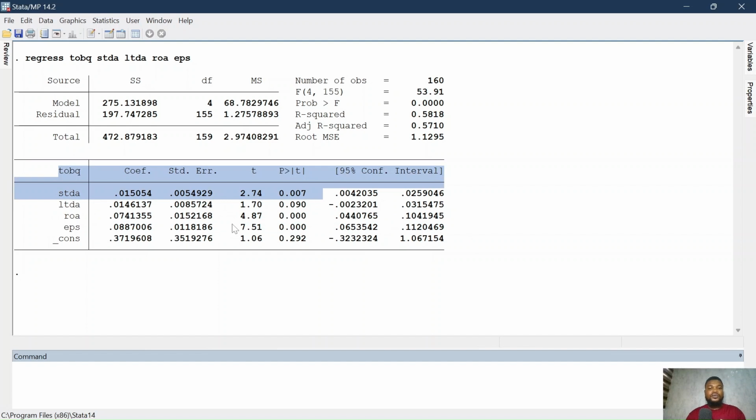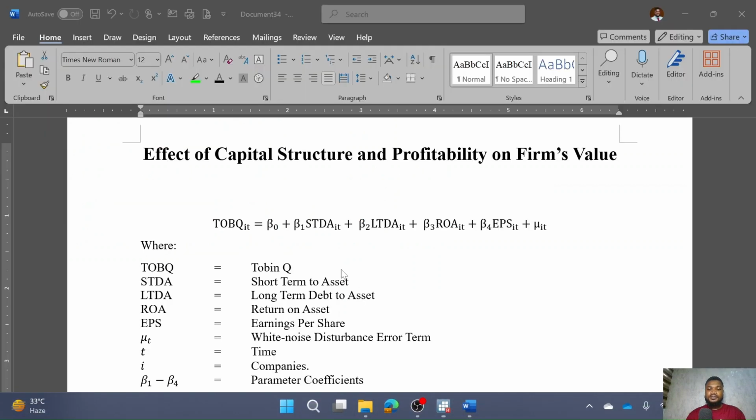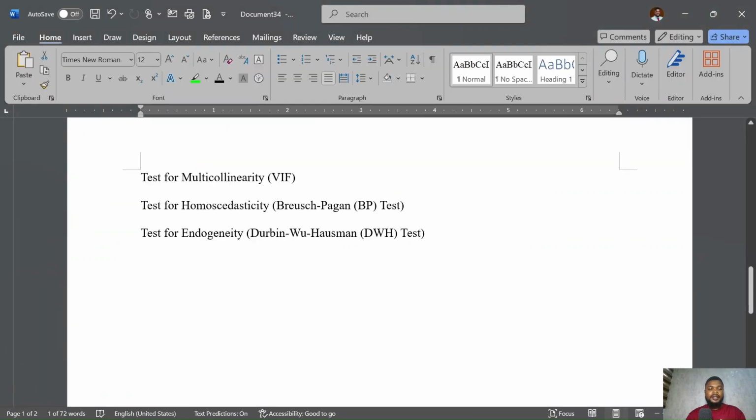However, I want to further validate these findings by conducting basic diagnostic tests such as multicollinearity and homoscedasticity as well as the endogeneity test. In the case of multicollinearity, this occurs where the independent variables are highly correlated such that they are no longer independent anymore.